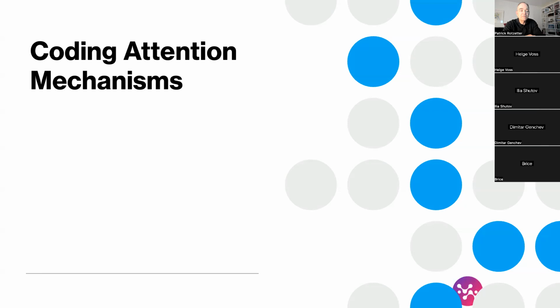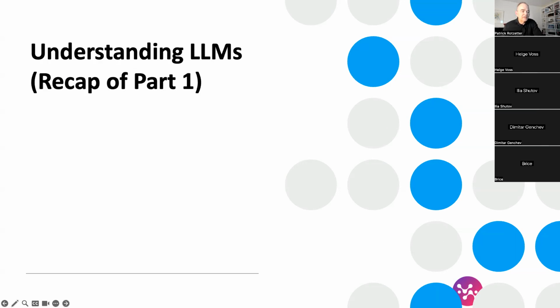And this is fundamentally different from what we were doing earlier with RNNs, recurrent neural networks. So we'll dive a bit deeper. But before doing that, I think we need to recap a little bit from what we said last time.